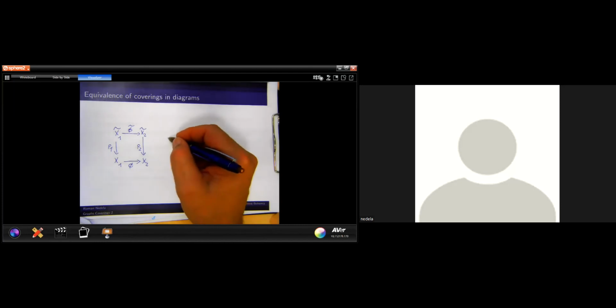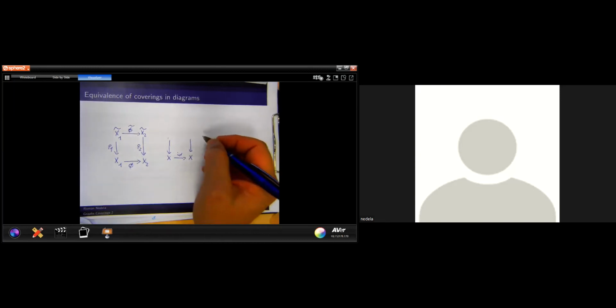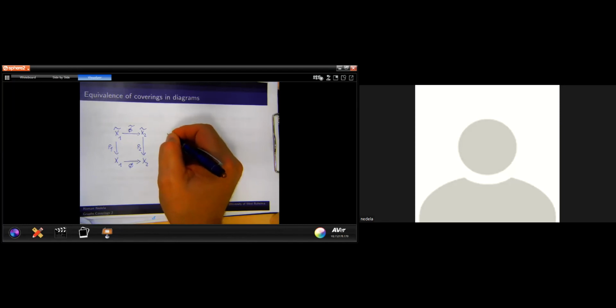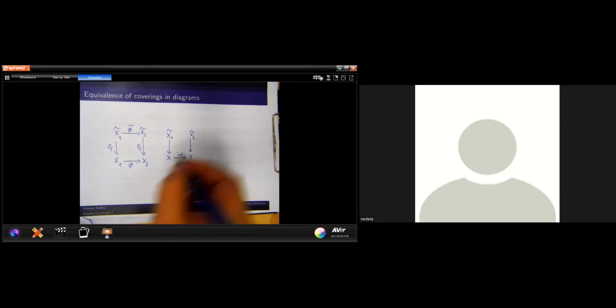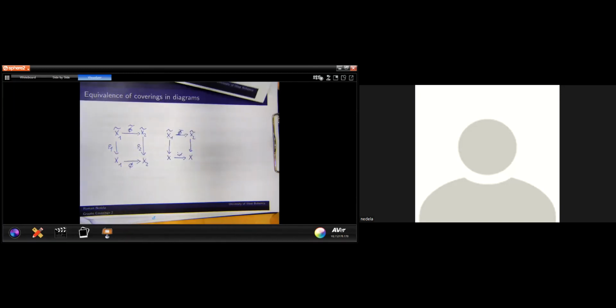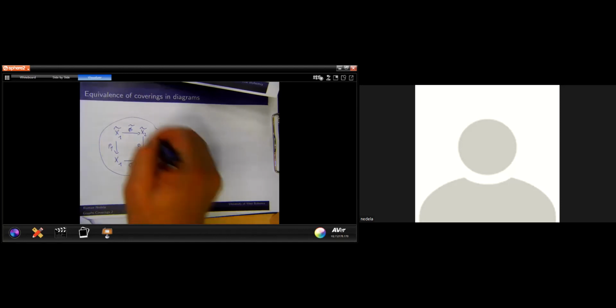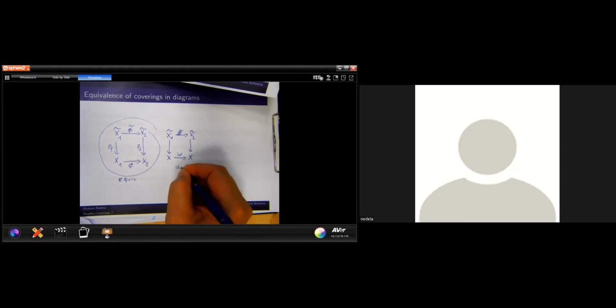What is the difference for isomorphic ones? If we are talking about isomorphic coverings, here we have just the identity, so we have two covers over the same graph, and here we are looking only for some isomorphism here. So equivalent, this means isomorphic.